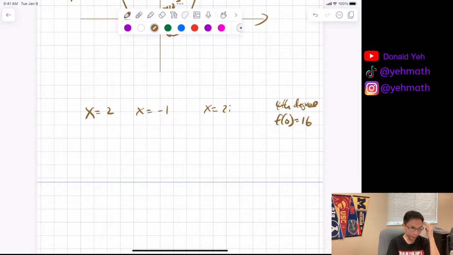How do you find a polynomial? I'm not asking you to graph. How do you find a polynomial? This is not the same question, but it's really cool.